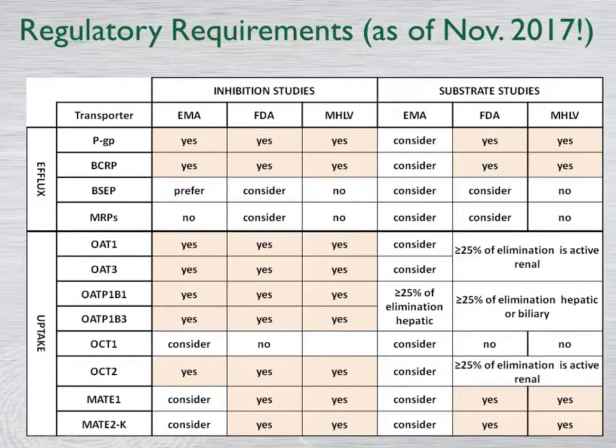For kidney transporters like OAT1 and OAT3, and OCT2, excuse me, I mixed up. OAT1, OAT3 and OCT2 are kidney transporters, so the inhibition on these transporters needs to be assessed, that's essential. And if there is a renal elimination, substrate studies also need to be performed.